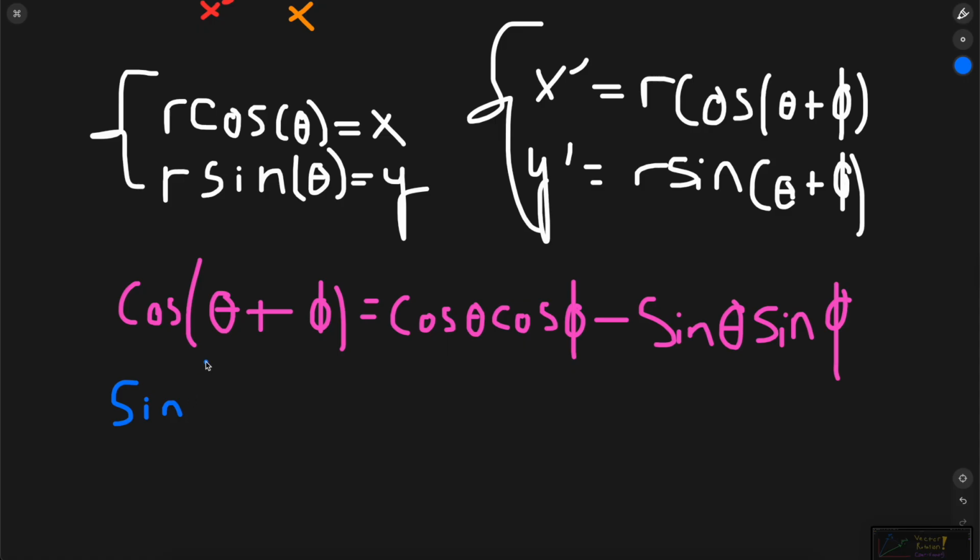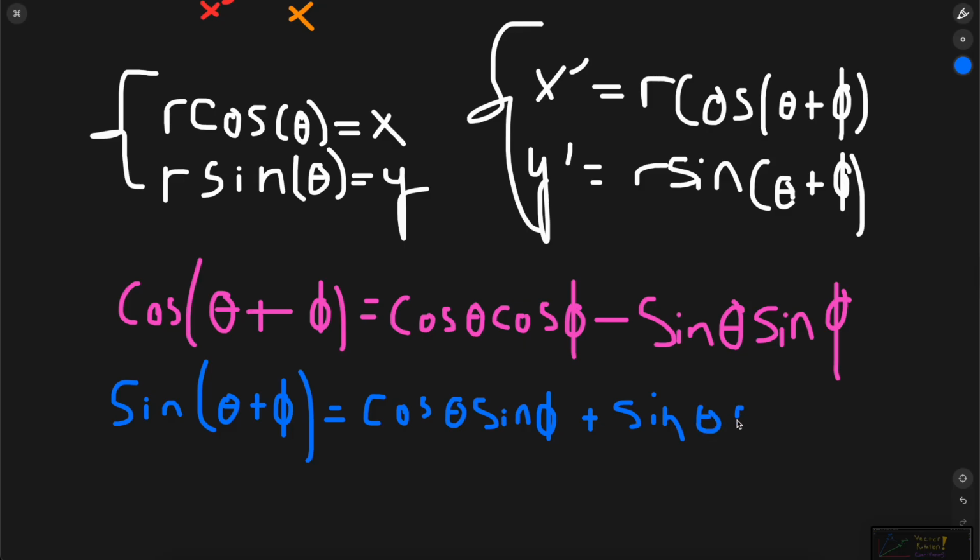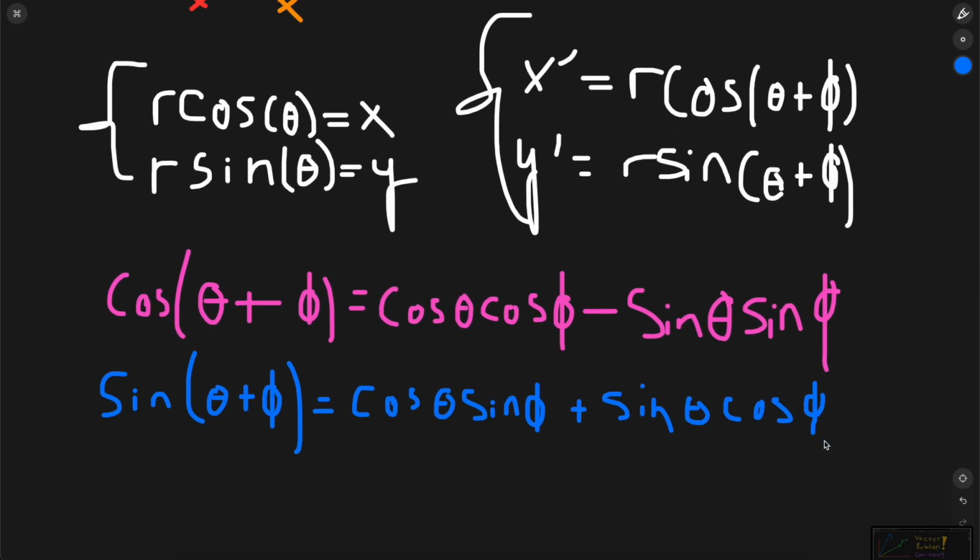Sine of theta plus phi. Well, what's this identity? This is going to be cosine of theta, sine of phi, plus sine of theta. And what's the only guy left? Cosine of phi. All right. Well, why did we do this?